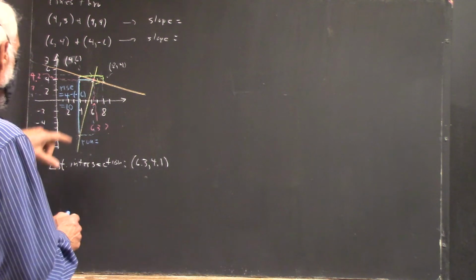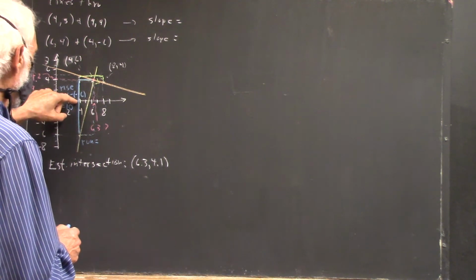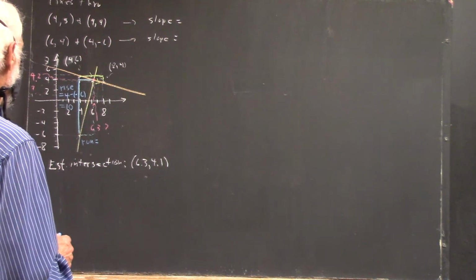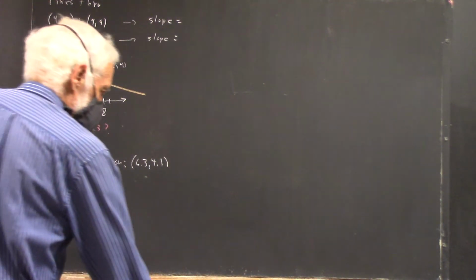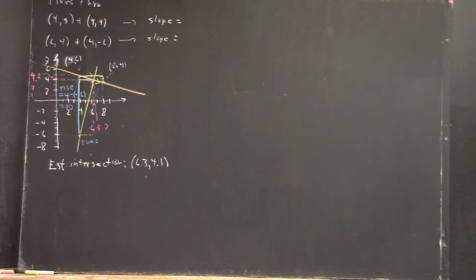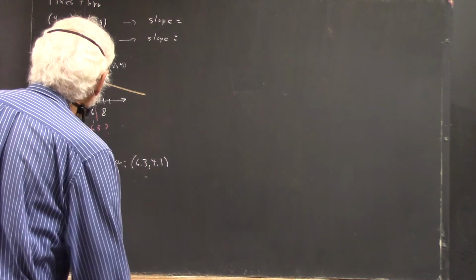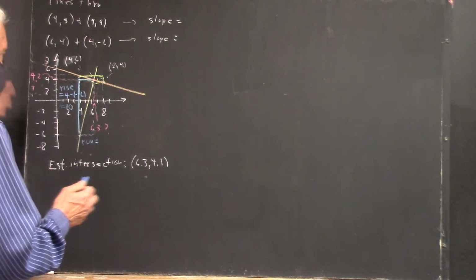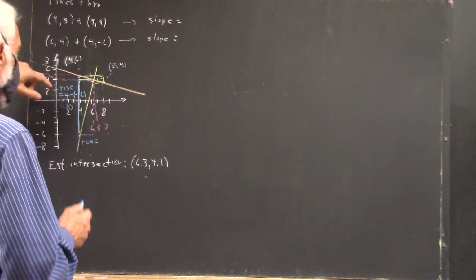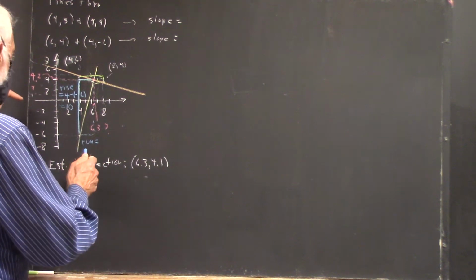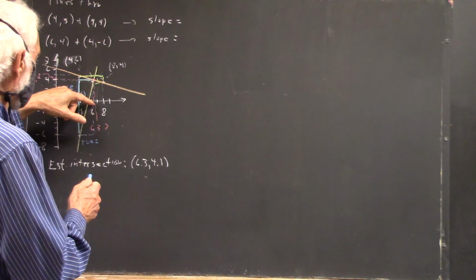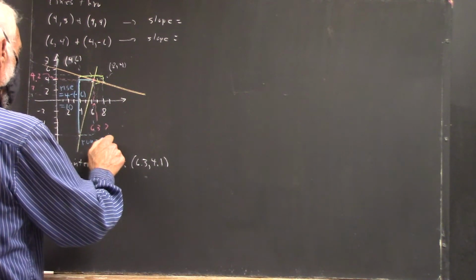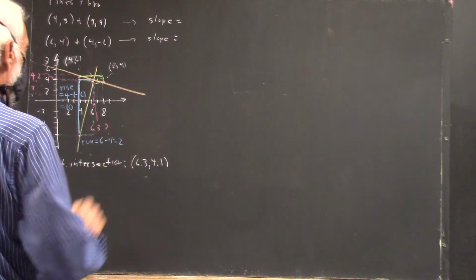And the run goes from x equals 4 to 6. And that's 2, right?